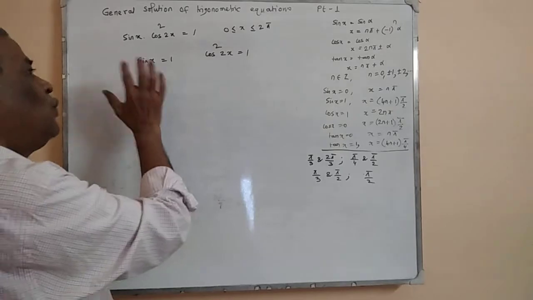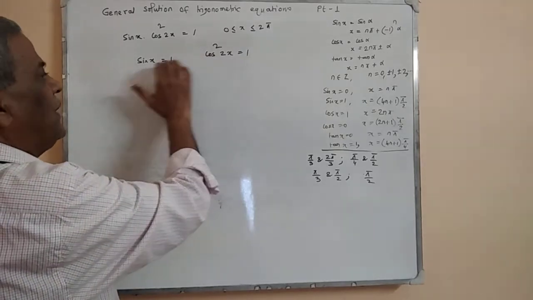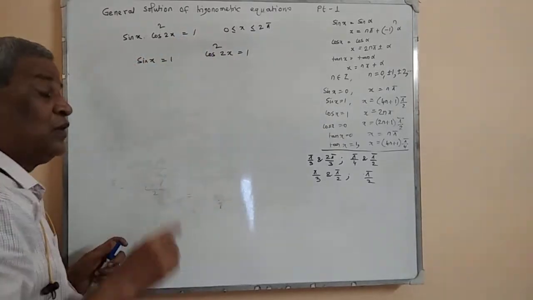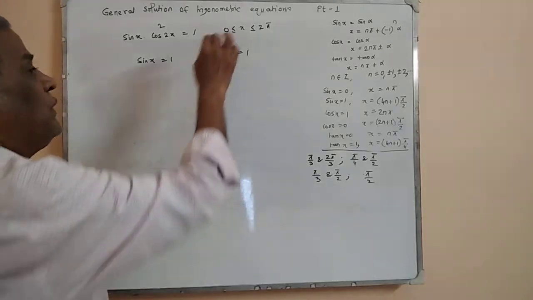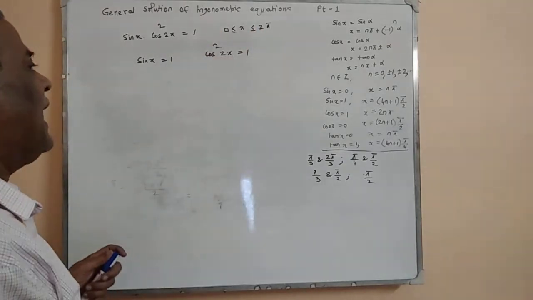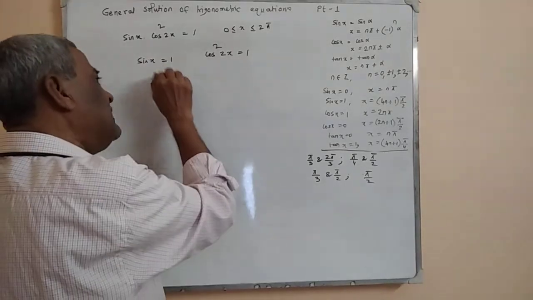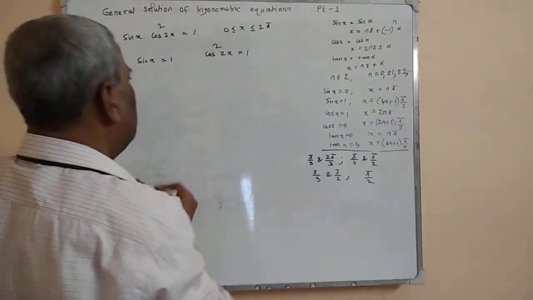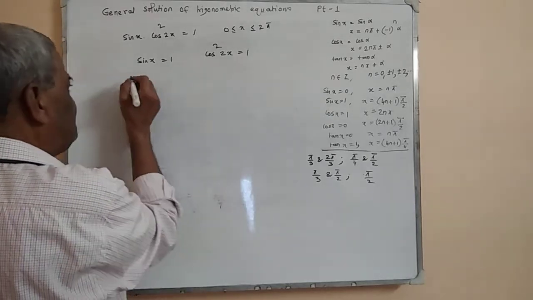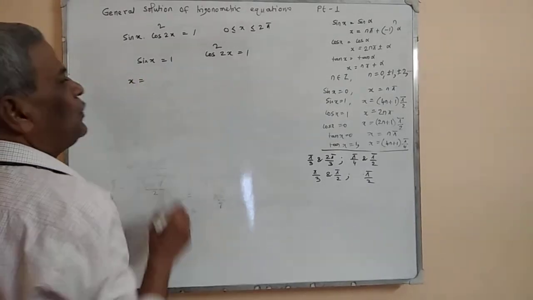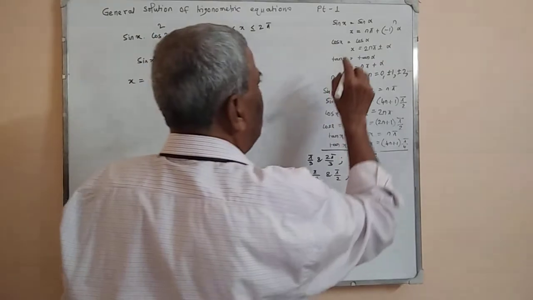We get from there two equations. One is this, the other is that. Solve them within that range and take the common value which satisfies this and that also. Its solution is sin x is equal to 1.